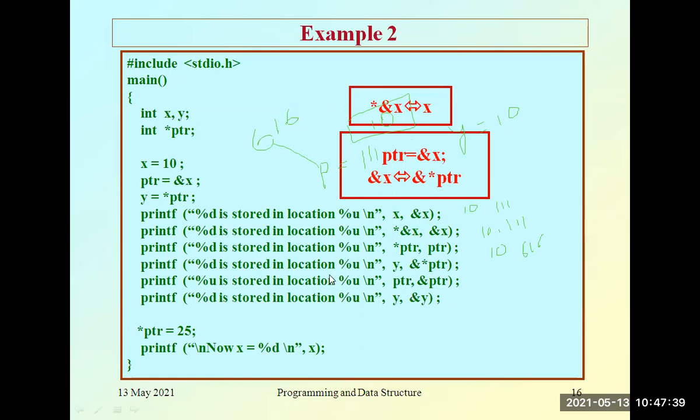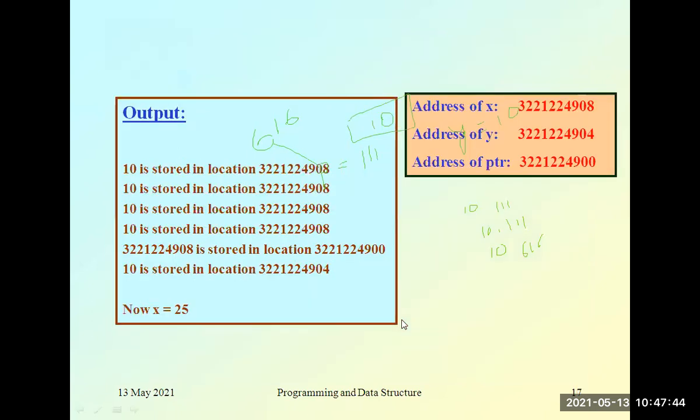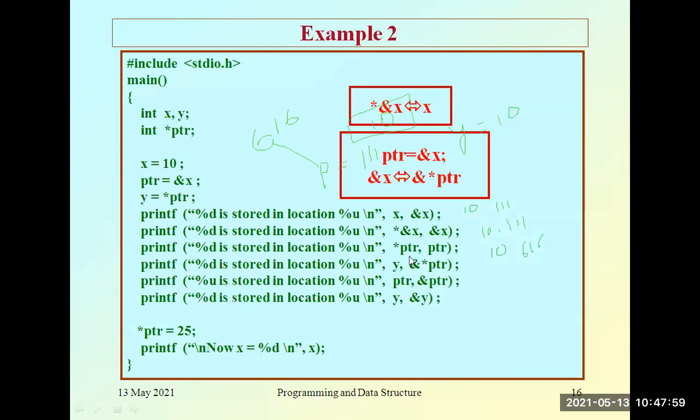Okay. So tomorrow we will run this program and check what the output is. See here, this is the output for that. I already told you 10 is stored, this is the address. And second one, 10 is stored, this is the address. And the third variable pointer is 10, this is the address. Here the address is changed.